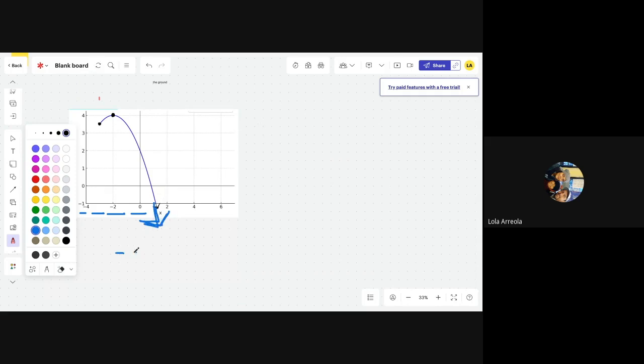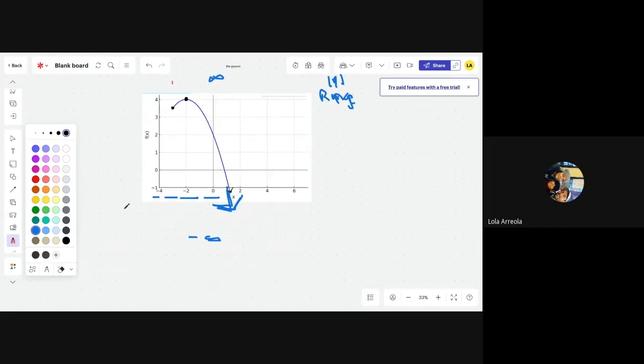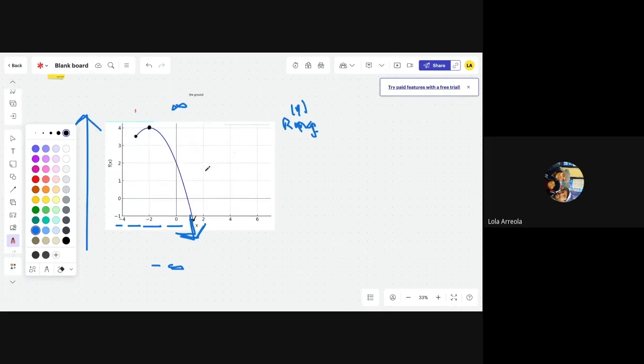Again, this is negative infinity for y and infinity for y. The range is low to high. So now I think about my y, not my x's. So now I'm scanning low to high. Negative infinity to infinity. What is my lowest point?